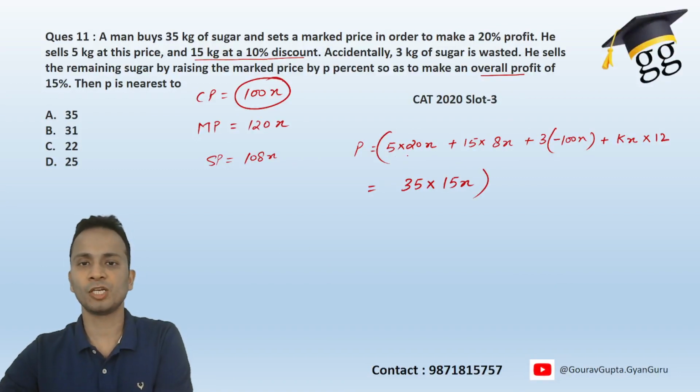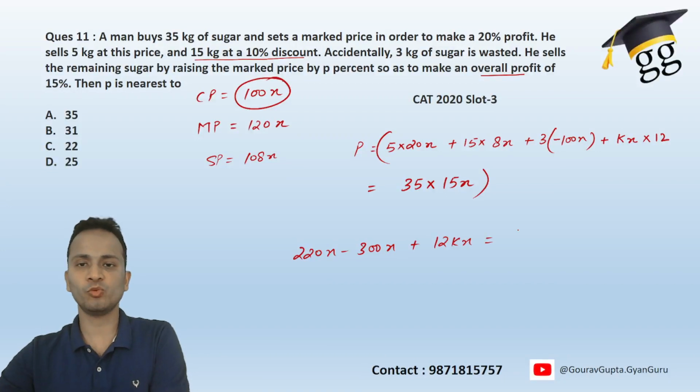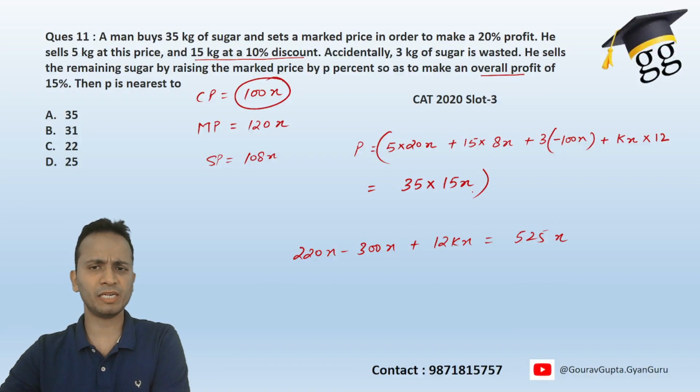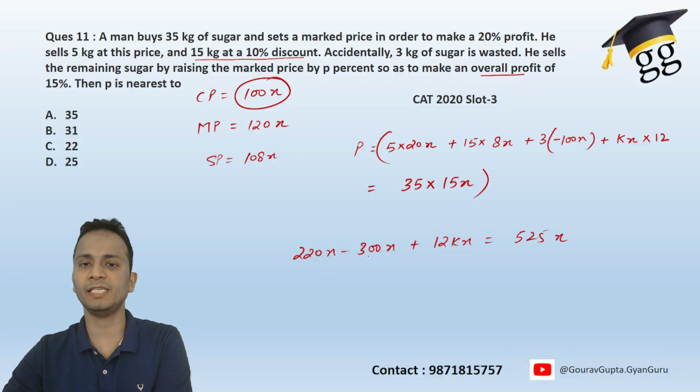You can solve it. So 100x plus 120, that is 220x, minus 300x plus 12kx is equal to 525x. 35 multiplied by 15 is 525. So from here on the left hand side, I'll get minus 80.